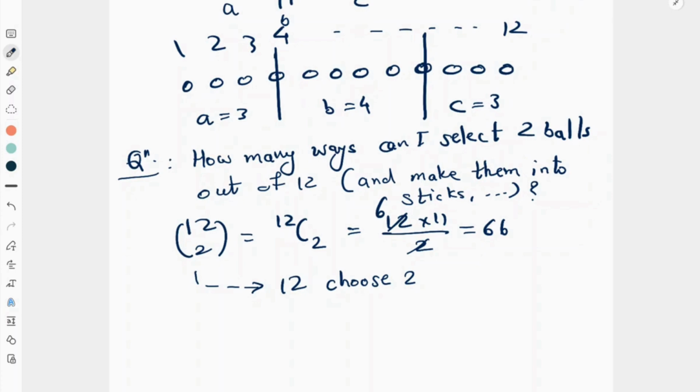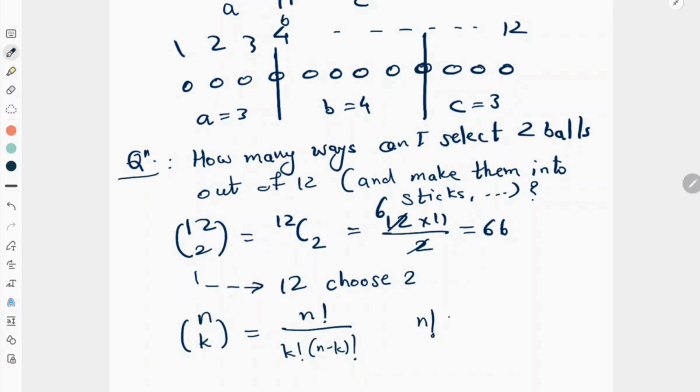So now, let me also tell you the formula here. n choose k comes out to be n factorial divided by k factorial times n minus k factorial, where n factorial is equal to 1 times 2 times 3 all the way up to n.